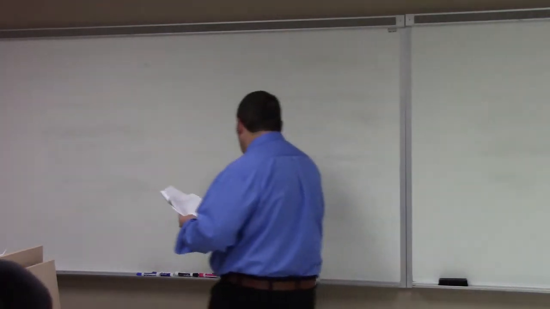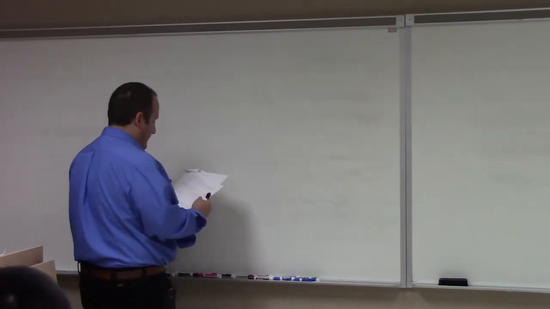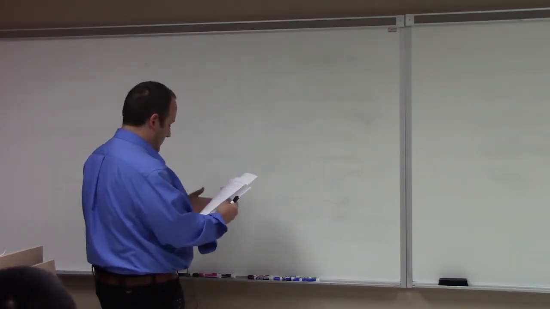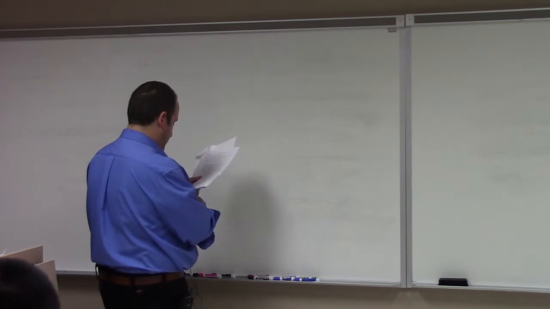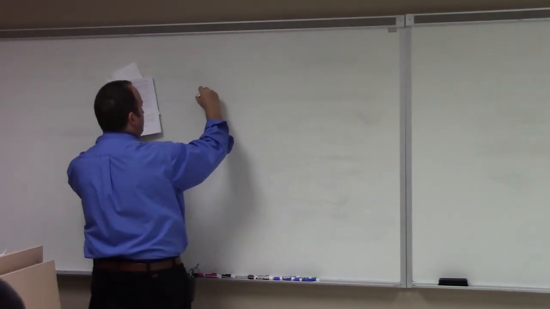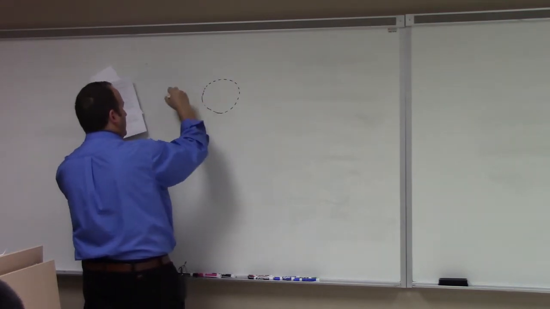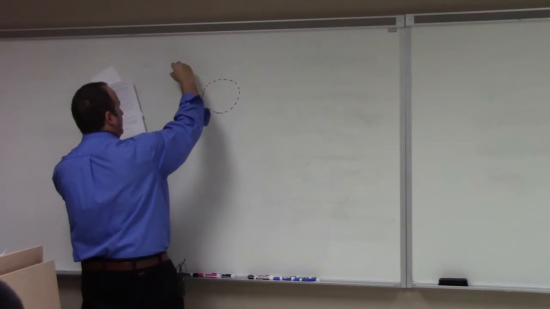Okay, so let me get started on a picture. So we're talking about the Laurent decomposition. Roughly speaking, the picture is something like this, or at least this is an interesting picture.